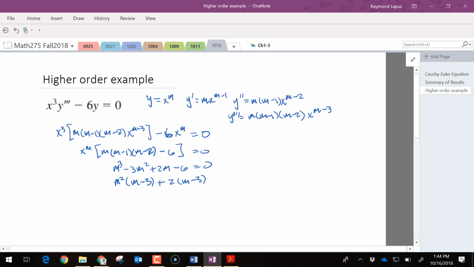It's kind of sweet, huh? Those factoring problems that you did in algebra, saying, when am I ever going to use this in your differential equations class? So we got m squared plus 2, m minus 3. So it looks like we have one real solution, and then here we have a couple of complex solutions. So we got m is equal to 3, and then here m is equal to plus or minus the square root of 2i.